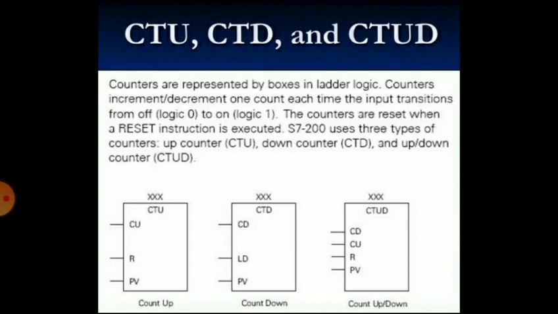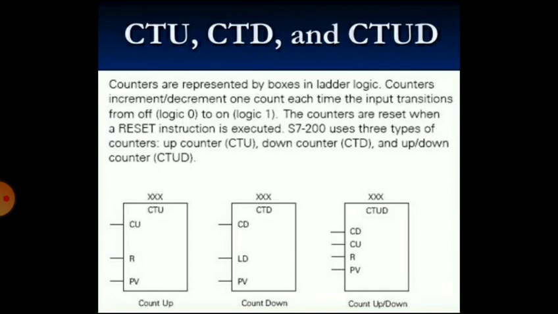The counters are reset when a reset instruction is executed.